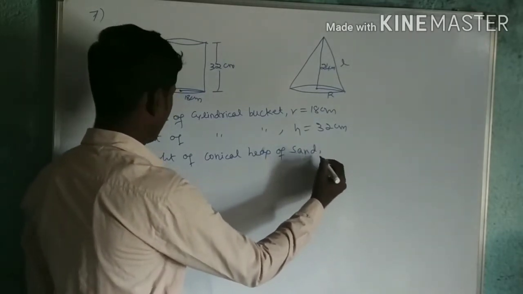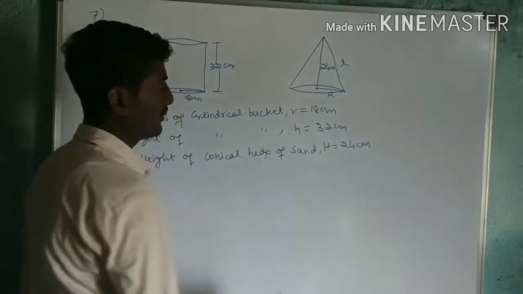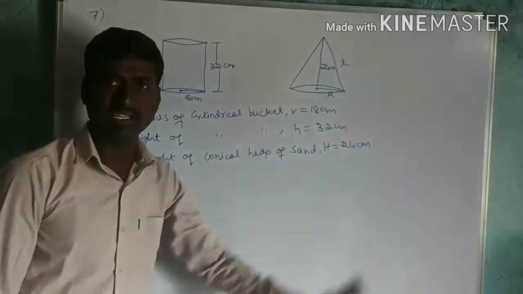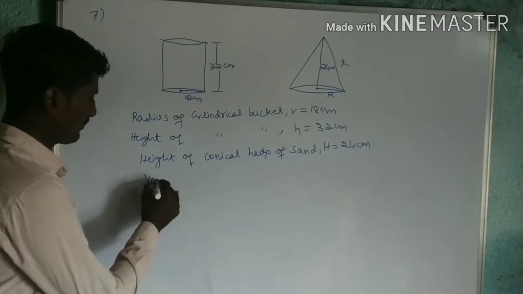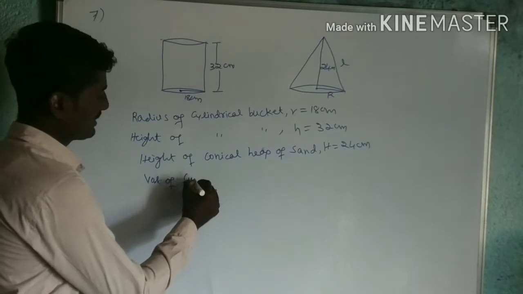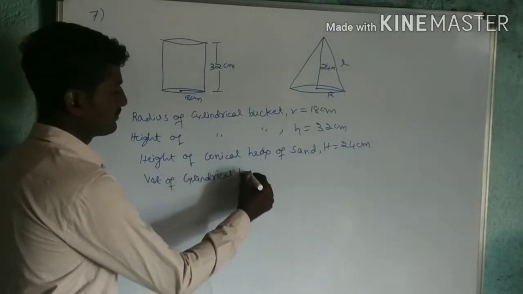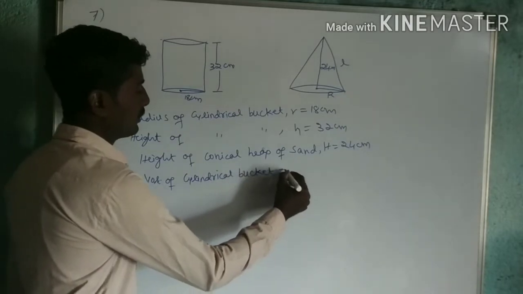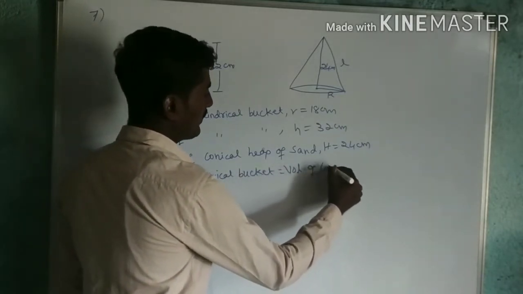So that is capital H, I will take, that is 24 centimeter. They have given it. We have to find capital R and the slant height. Now I can write here: volume of cylindrical bucket is equal to volume of conical heap of sand.